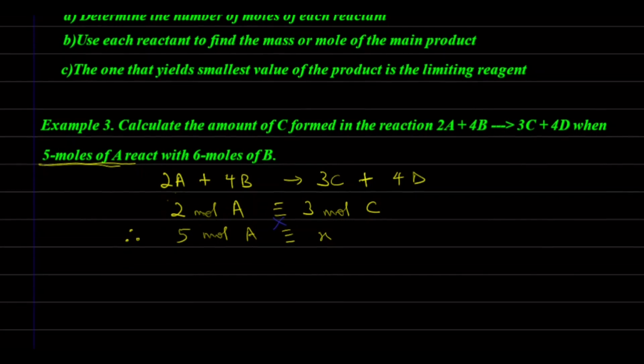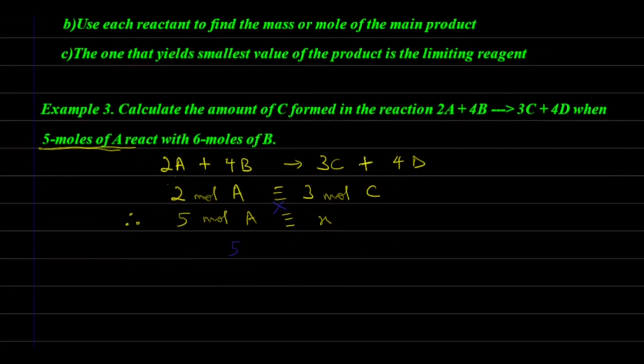Then we have 5 times 3 equals 2 times X, which is 2X. Then we are interested in X. So X will simply give us 15 over 2, which is 7.5 moles of C. Now we have gotten the value of C when we compare with A.